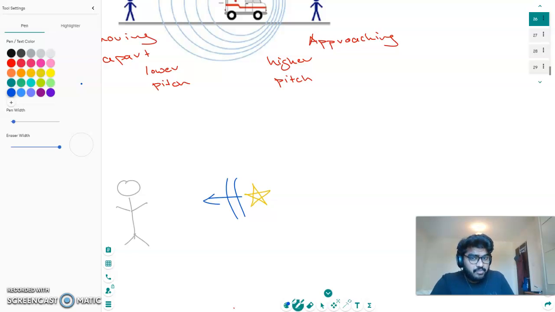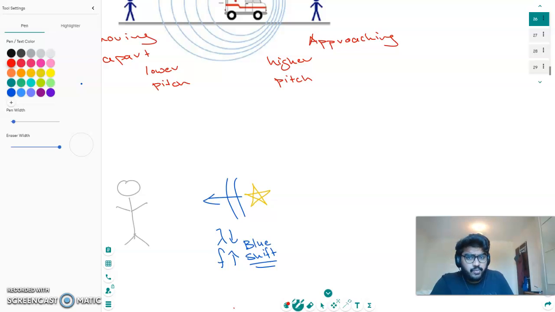They appear to be compressed as if the star was moving towards you. And because of this, the wavelength decreases and the frequency increases. And this means a color change when it comes to light waves. And this is known as a blue shift. Because with light, as your wavelength drops, the light appears bluer and bluer.